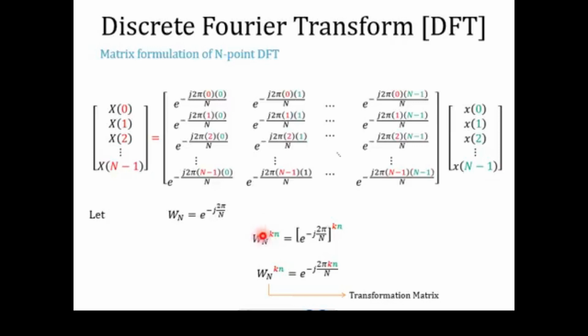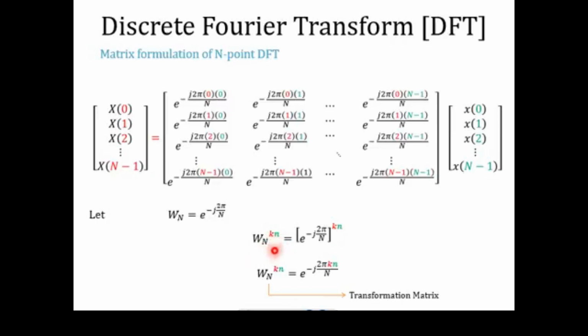So wn, this capital N is in its subscript, and both k and n will be written as the superscript of this wn factor. And please notice one thing, this k into n is in the superscript of the wn factor. You should not read this factor as capital N raised to power kn.